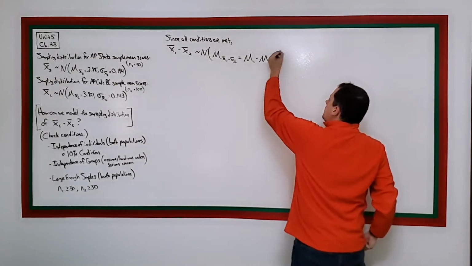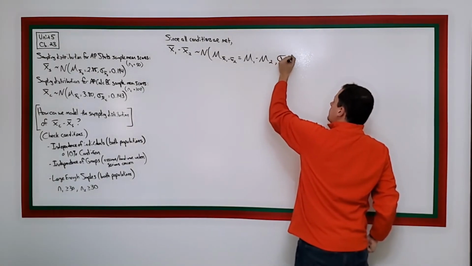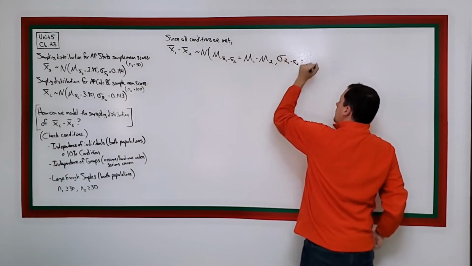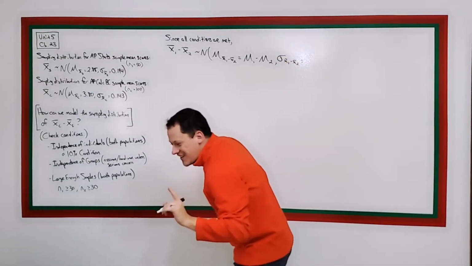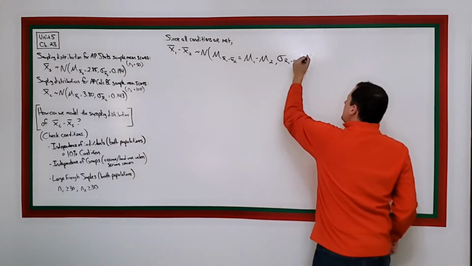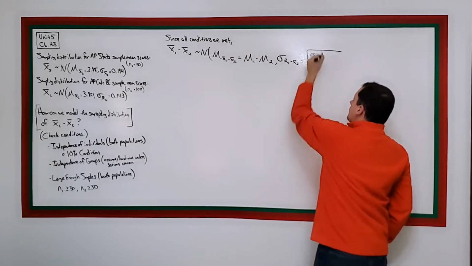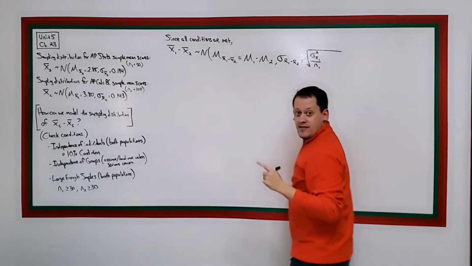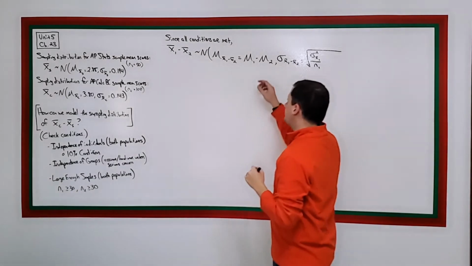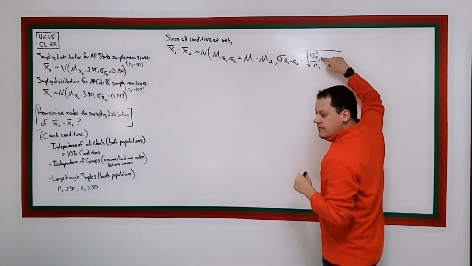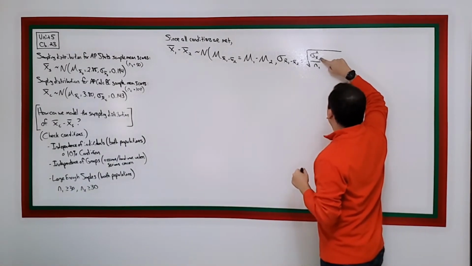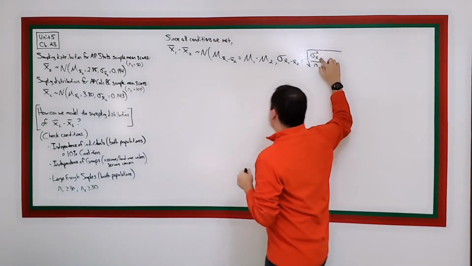The standard deviation for that sampling distribution is going to be equal to, I want to make sure I write this correctly, the square root of the variance of the first random variable, which is going to be the variance of x bar 1, or no, sorry.